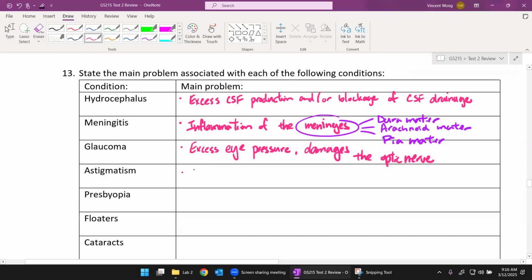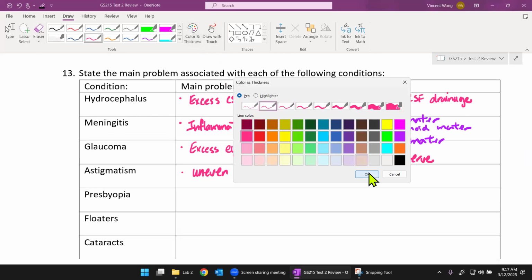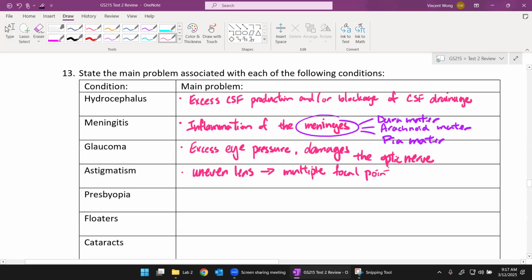Astigmatism, that's an uneven lens leading to multiple focal points, or light rays entering the eyes.